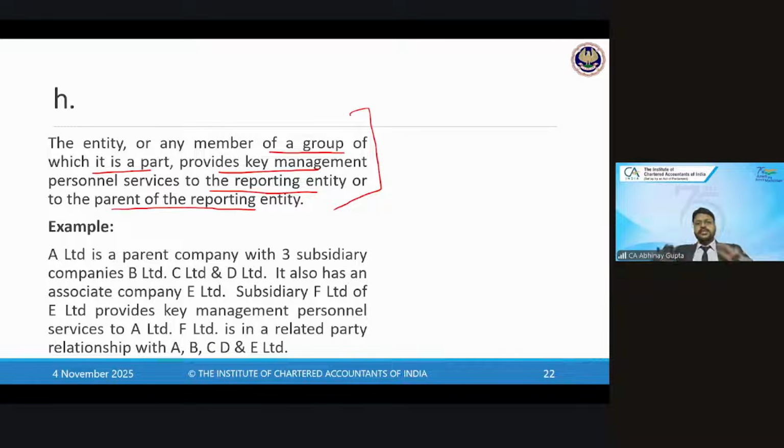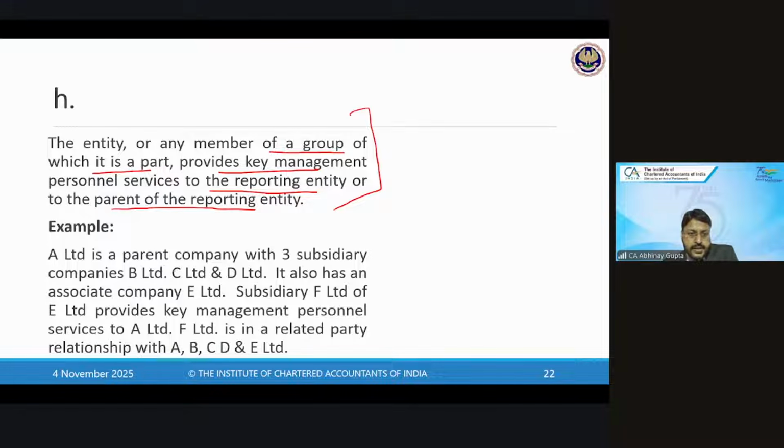If there is a question with certain ifs and buts, you will simply follow the chart and tackle the relationships. That is the strategy to master this standard.